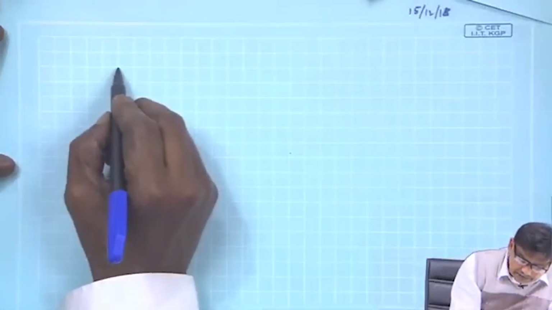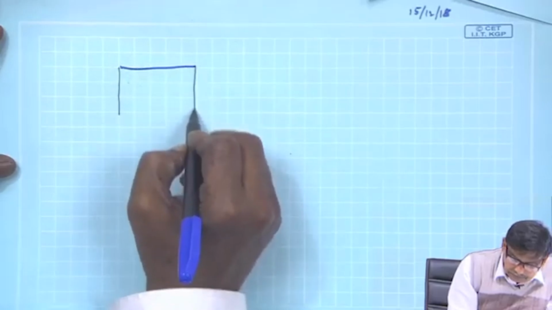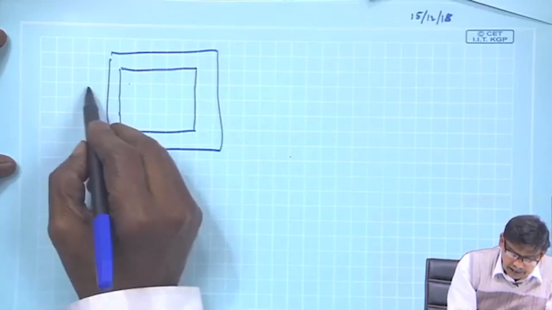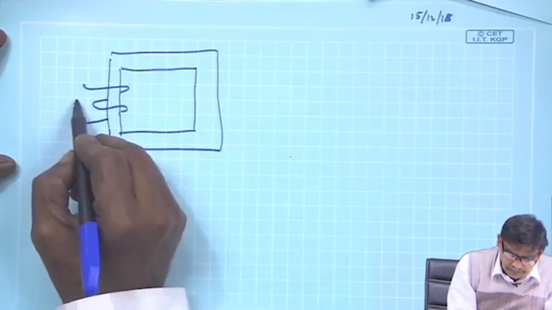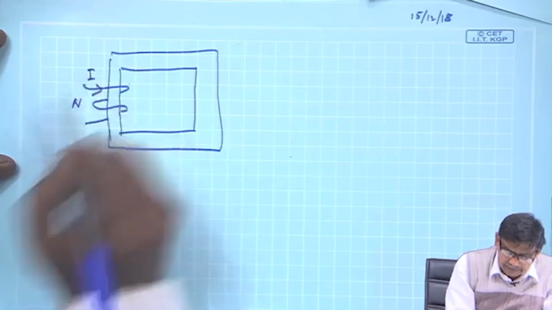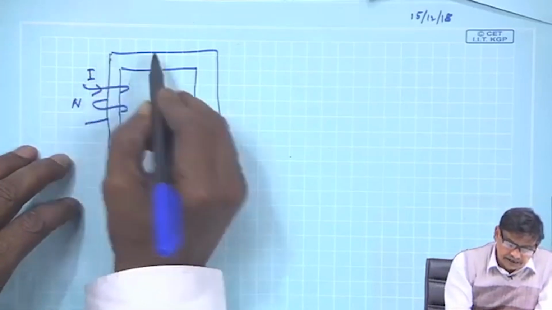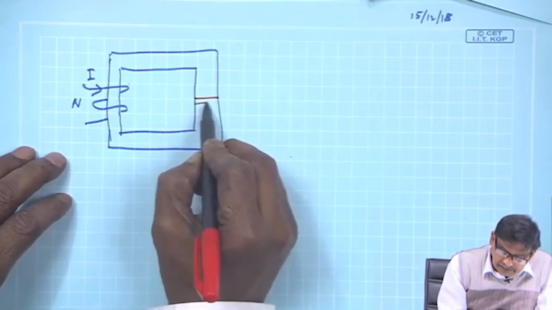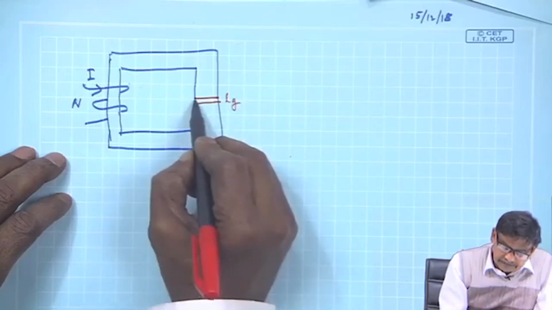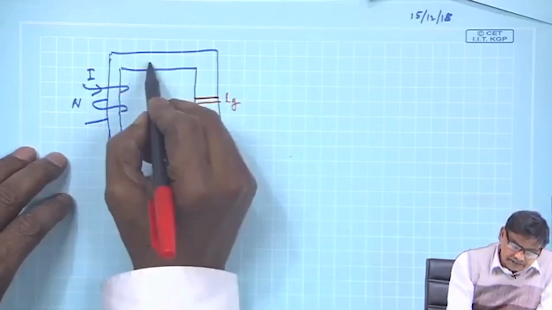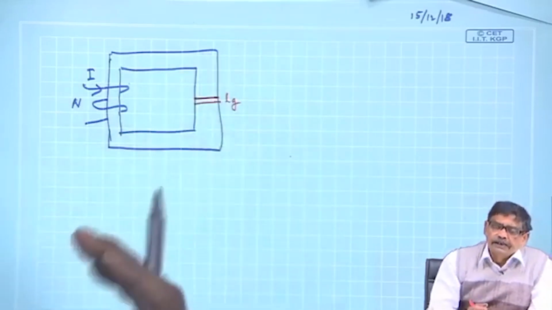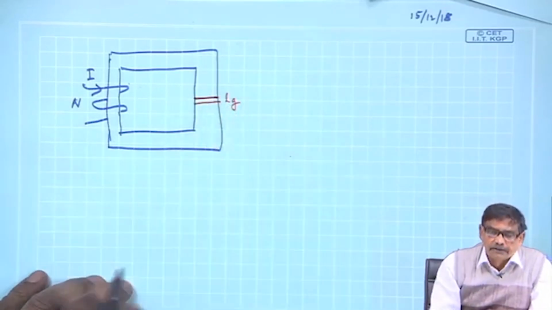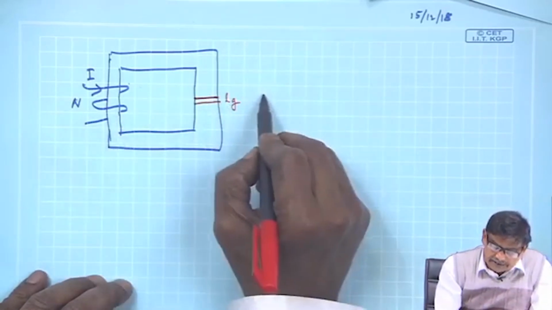Suppose you have a magnetic circuit like this, with some number of turns N carrying current I, and I want to find the field here, and suppose there is an air gap in it of length Lg. Now, the permeability of iron is very large compared to the air gap permeability, which is 1, and it is a series magnetic circuit, mind you.